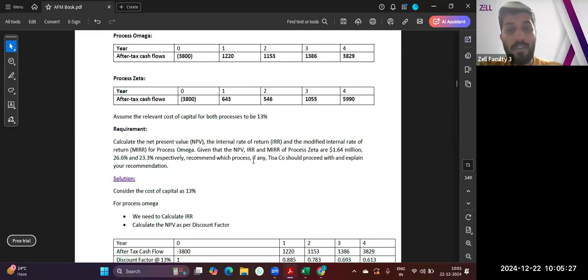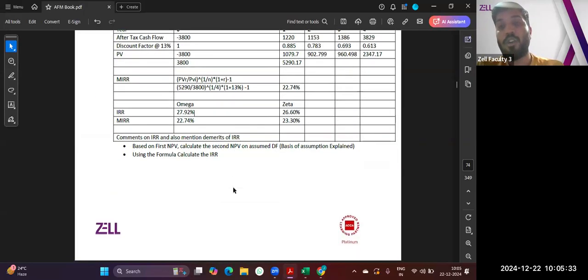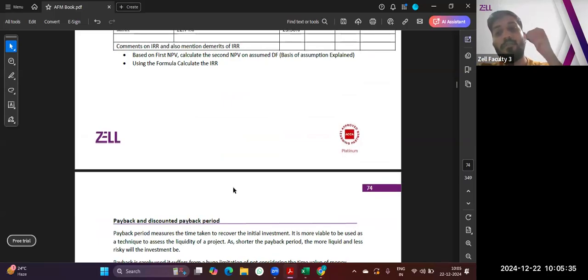The question says: calculate and recommend which process, if any, TISA should proceed with, with an explanation of your recommendation. So what you have to do is, if you take NPV as a base, write which project you will go with, and write its advantages and disadvantages. Along with the recommendation, you also need to tell why you are recommending it.